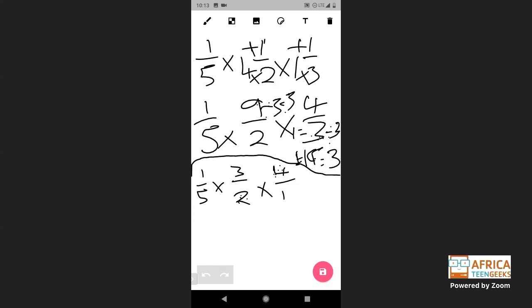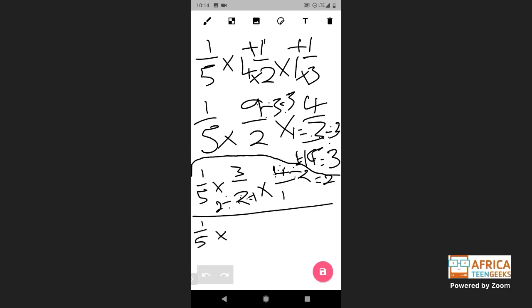It must be 2 or below, because 2 is our lowest number. So 2 divided by 2 gives us 1, and 4 divided by 2 gives us 2.